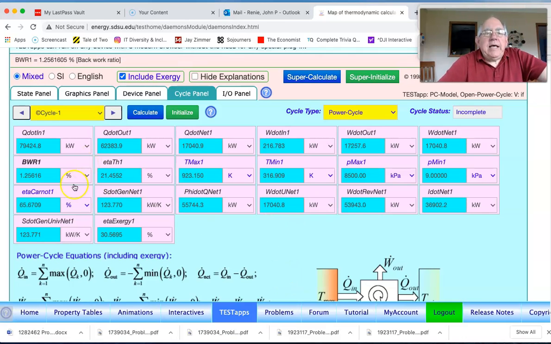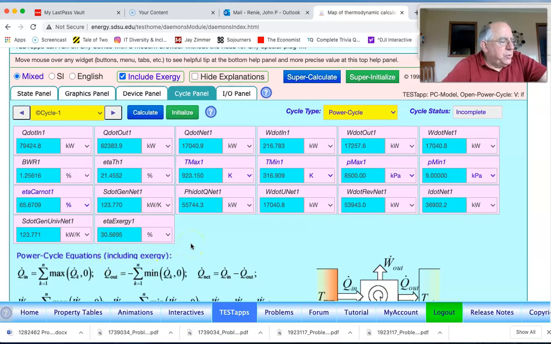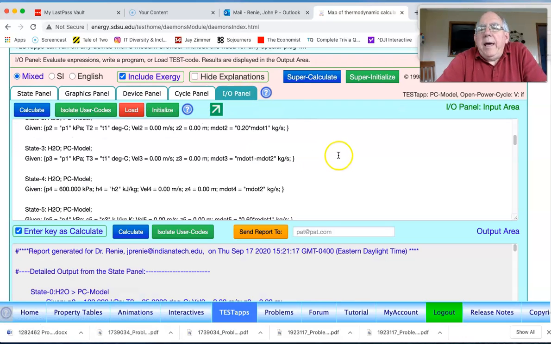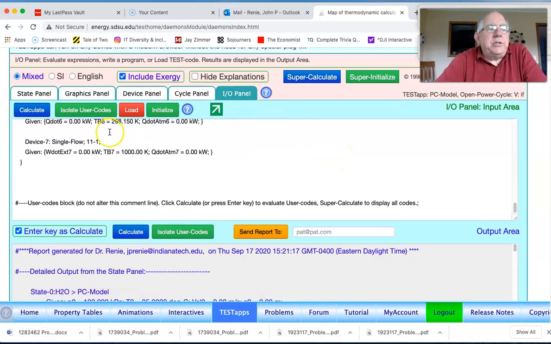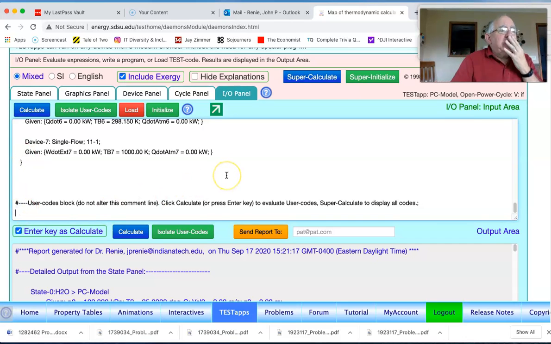So the second law efficiency that's given in this cycle panel is the answer to the cogeneration plant's general overall second law efficiency. So we still have to go to our I/O panel and make a couple of calculations. And these calculations are going to be for the process heater and for the mixing chamber.